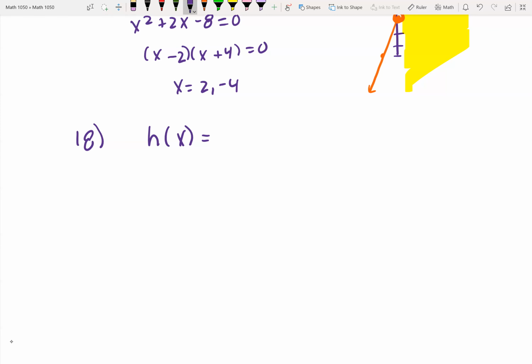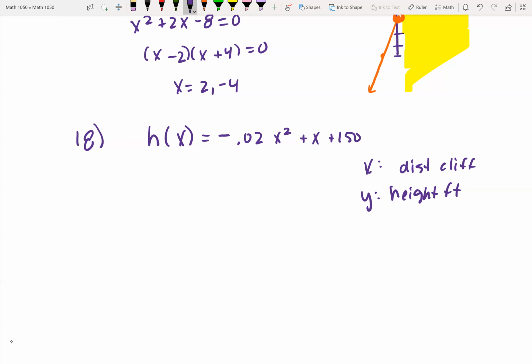Okay, so this is really negative 0.02 x squared plus x plus 150. So if that ugly fraction is a nice decimal, meaning a decimal that ends, then write it as a decimal for sure. Okay, and they tell you that y is the height, and that is in feet, and the x is the distance from the cliff, and that is also in feet.